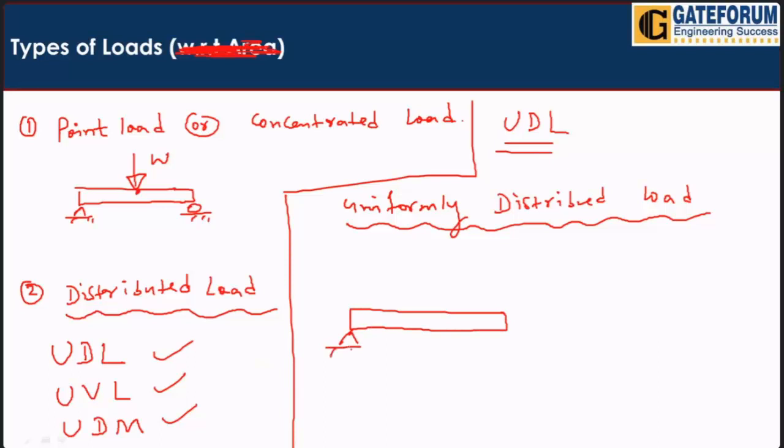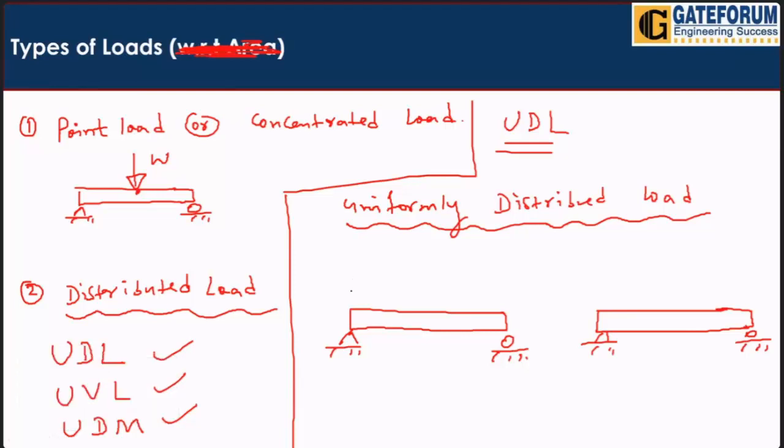Okay, suppose here we have a simply supported beam, and here load is acting like this. Just look at here. It can be represented in two different ways.